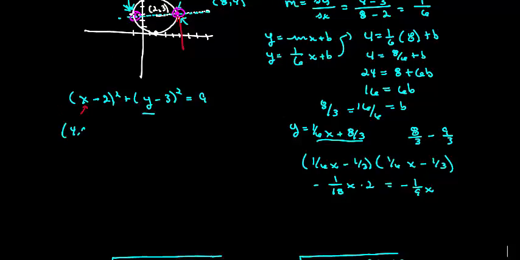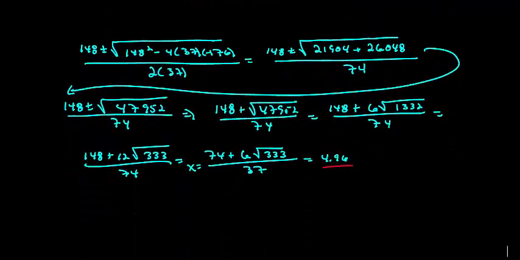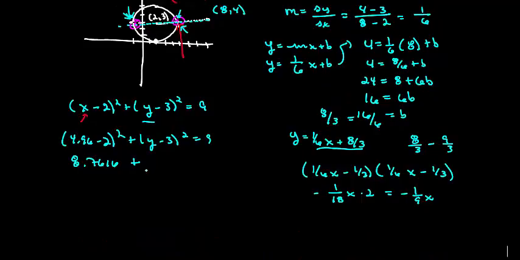So 4.96 minus 2 squared plus y minus 3 squared is equal to 9. So 4.96 minus 2 squared is 8.7616. Now remember, this isn't perfect because what I could have done is taken this guy and squared it. But I mean, we're really talking about some ugliness there. So we're just going to leave it. Don't go ahead and evaluate this guy out because watch.